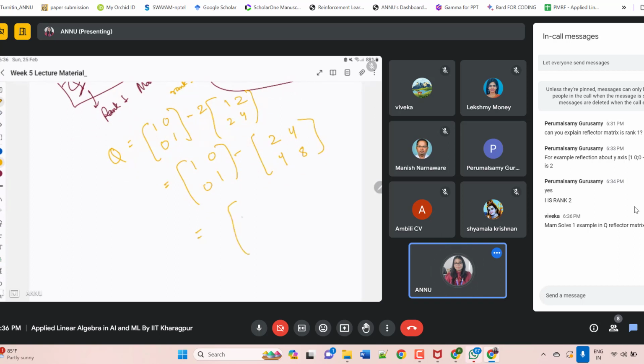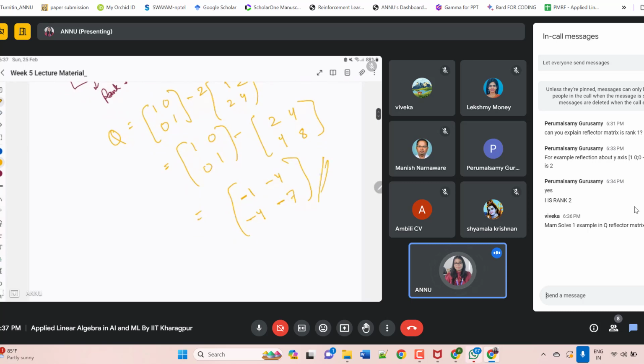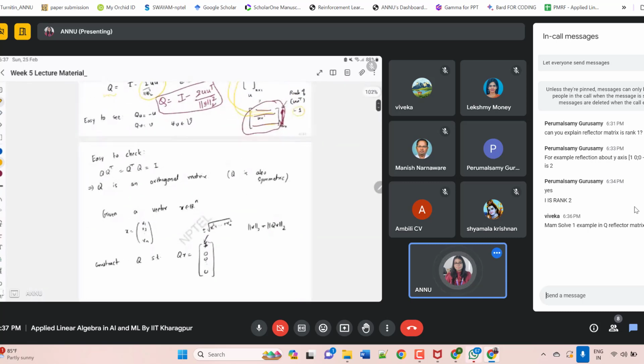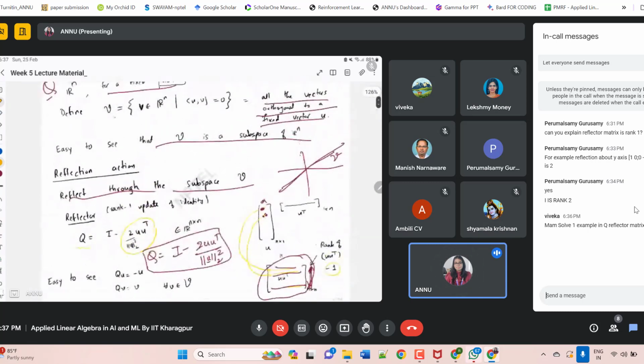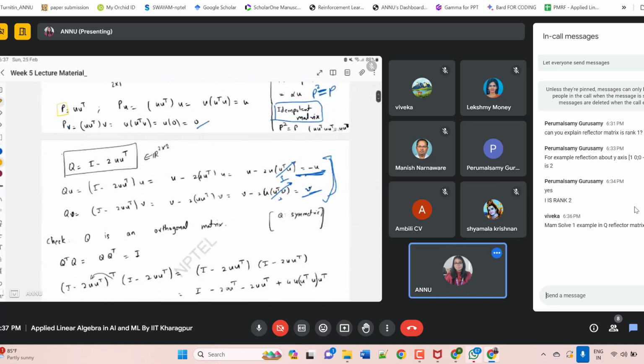So this is minus 1, minus 4, minus 4, minus 7. So in this case also, this is not rank 1, but sir taught somewhere that reflection is rank 1.